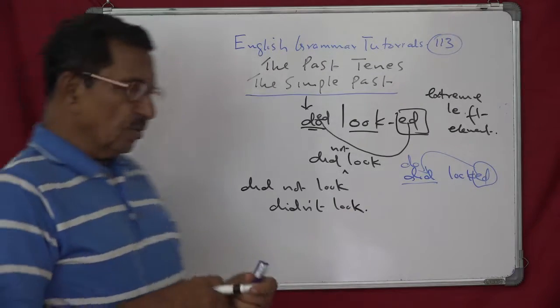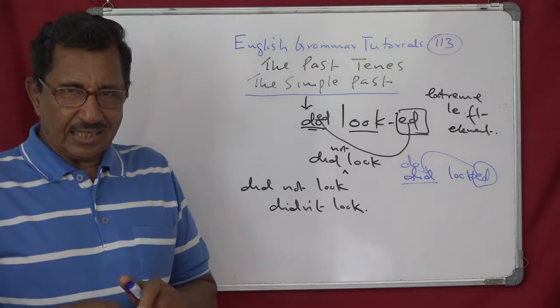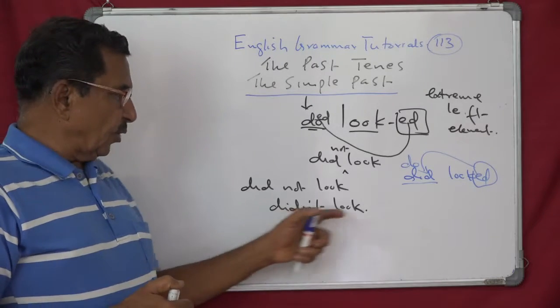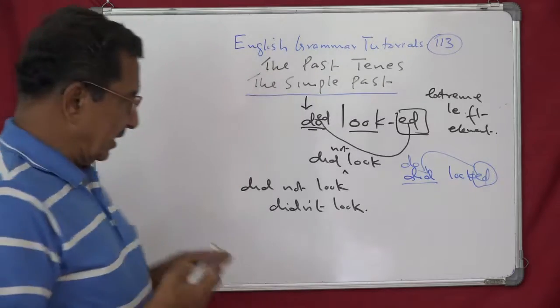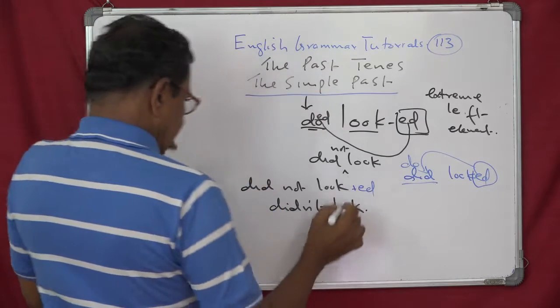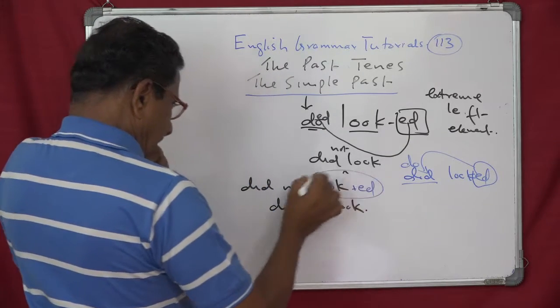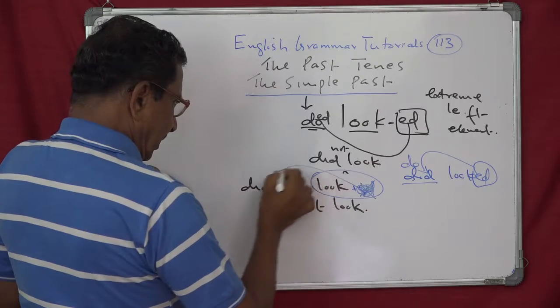Very important. Usually a good number of students, when they are learning English tenses, will say or write did not looked. This is wrong. Why is it wrong? Because this ed we have taken from here and brought here.